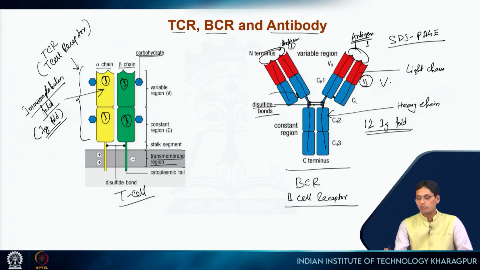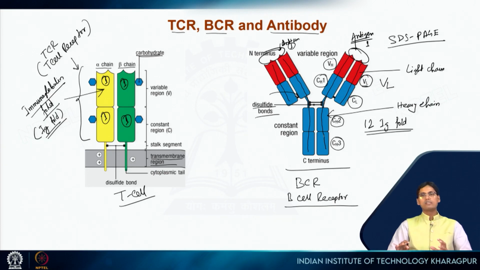Similarly VH, the variable region of the heavy chain. Then CL, the constant region of the light chain. And CH1, CH2 and CH3, the constant regions of the heavy chain 1, 2 and 3.